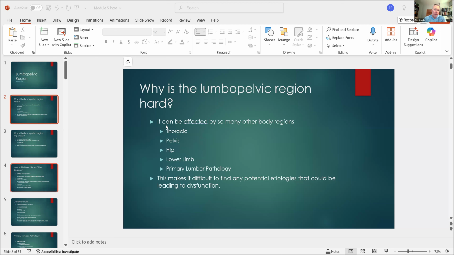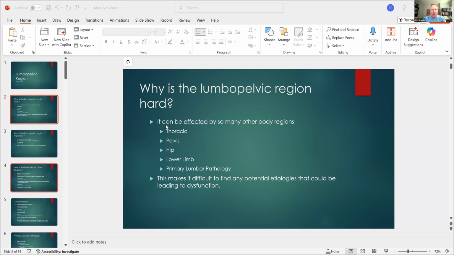Okay, and tone changes, resting tone changes of the quadratus lumborum, creating this anterior innominate tilt as it pulls up on the posterior elements of the innominate. Okay, so again, hopefully that makes some sense.